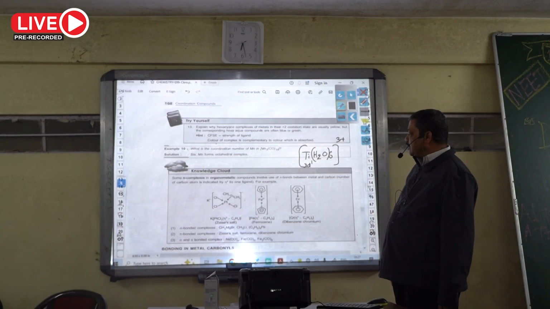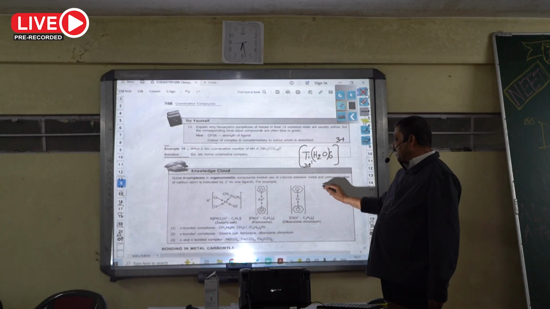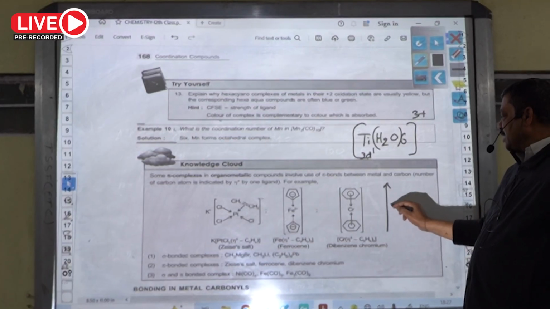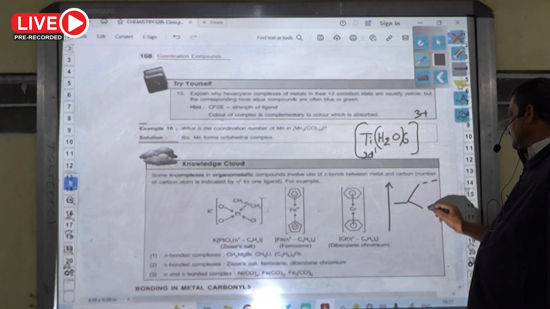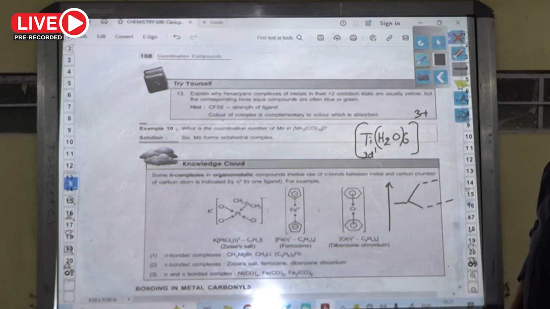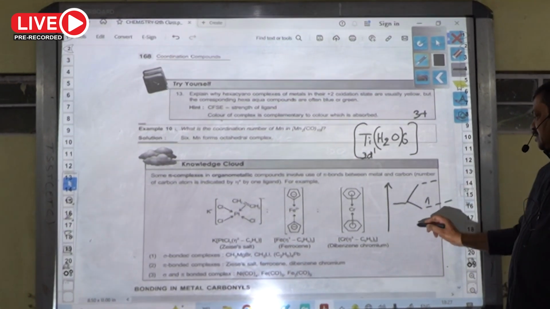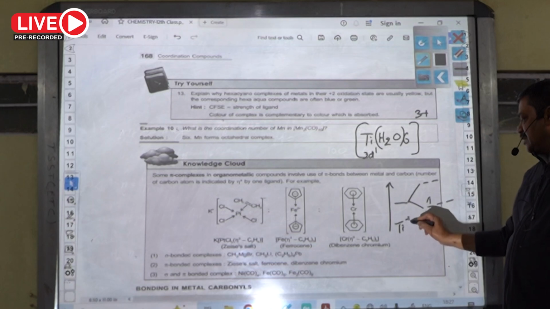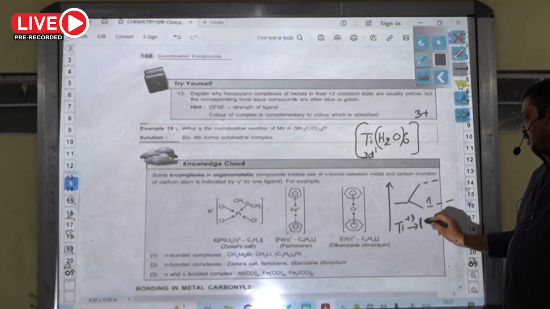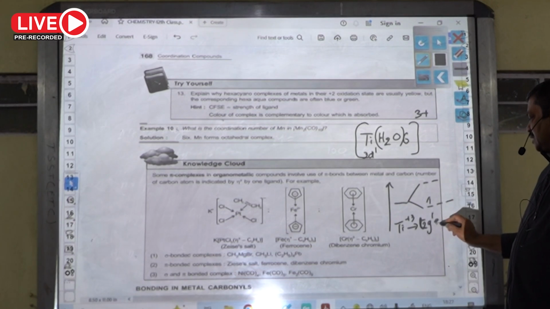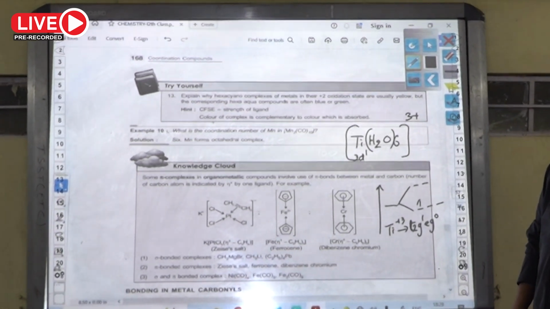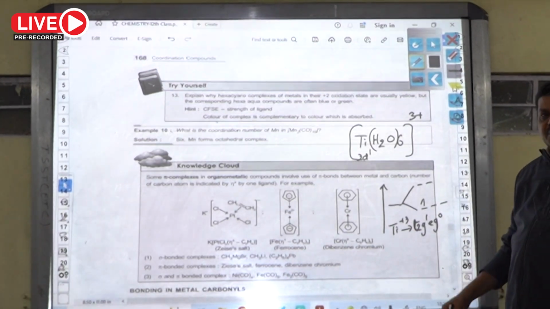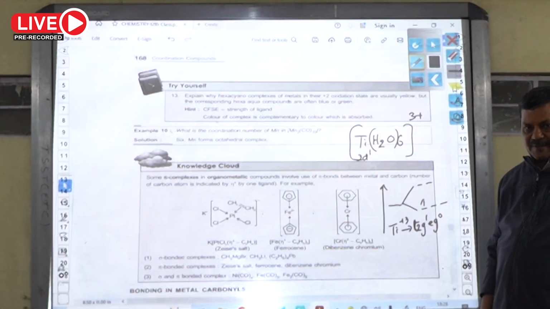When 6 water molecules approach titanium, the d orbitals split into 2 categories. What is a weak ligand? So d1 is here. So titanium +3 configuration is t2g1 eg0. Correct? In the presence of 6 water molecules.